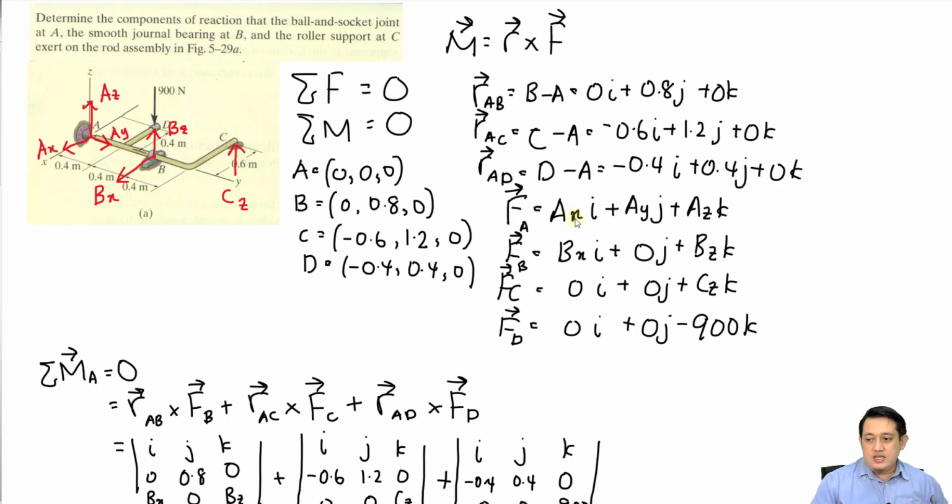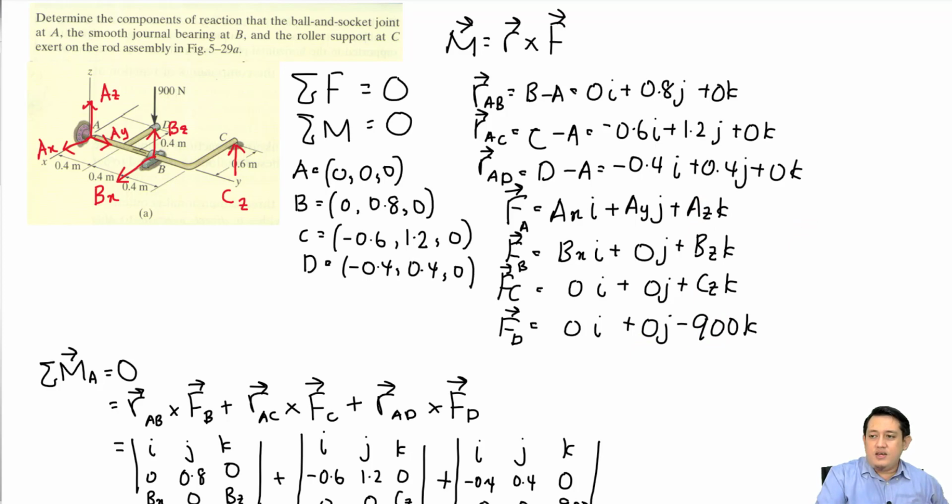As you can see here, we already have all the forces in vector form from A, B, C and also D. So we can do the total of force here equals 0.